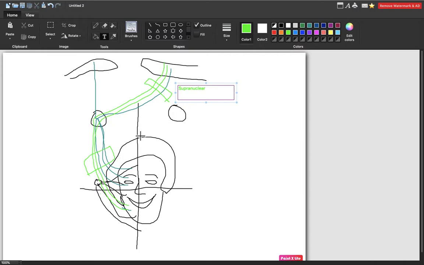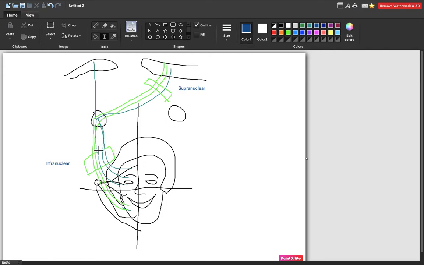Supranuclear lesion, and here it is the infranuclear. Okay, so now tell me, if it is infranuclear, here there is no crossing over.